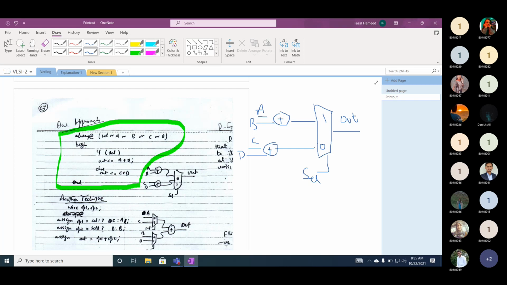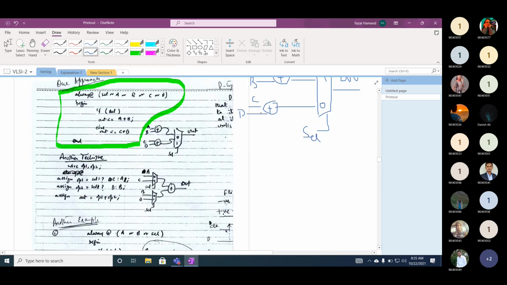Now, how? If you look at the second code, can you see the other technique? The second technique: wire op1, op2. Which type of modeling are we using here? Data flow modeling. Which type of assignment? Continuous assignment.